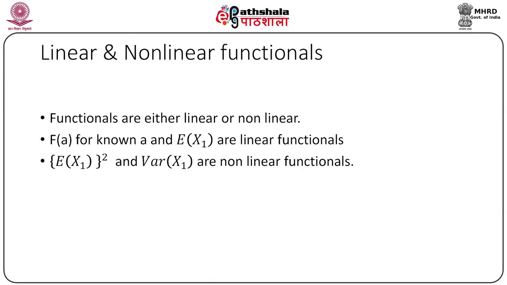But what about its square? So we find that the square of the expected value of x under alpha f1 plus 1 minus alpha f2 is not equal to alpha times the square of the expected value of x under f1 plus 1 minus alpha times the square of the expected value of x under f2. Therefore, by definition, theta is not a linear functional.